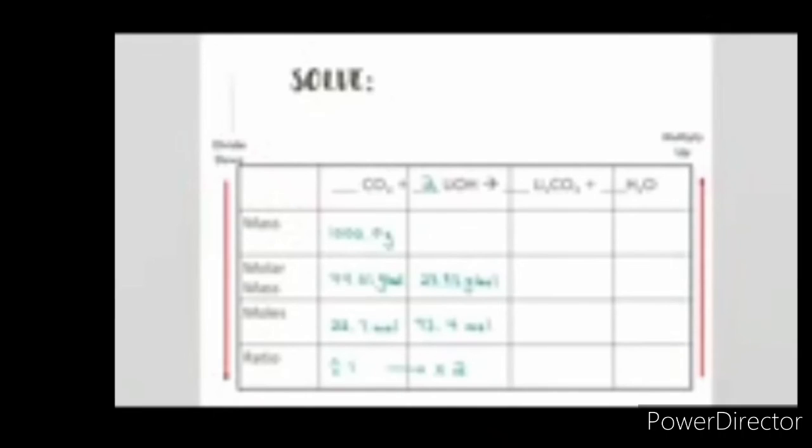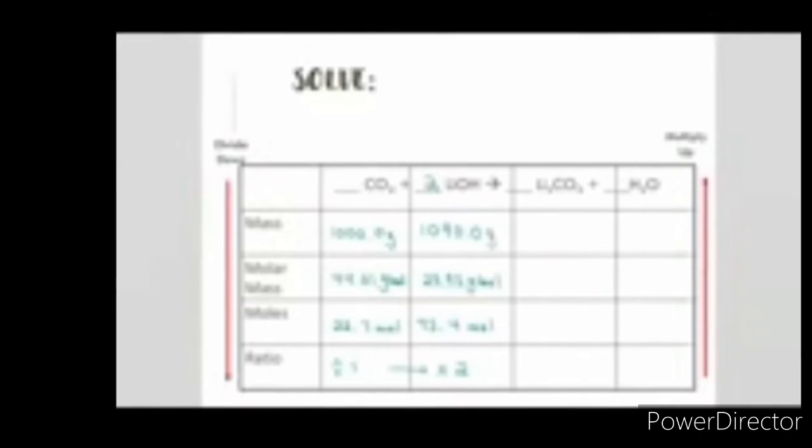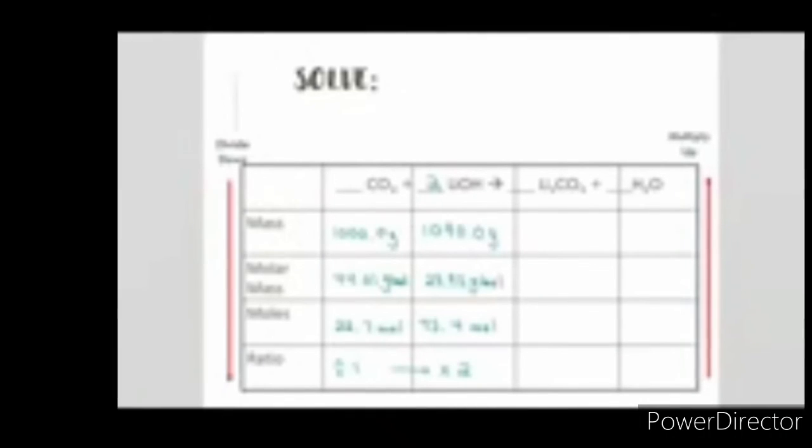We're going to multiply that by the molar mass, and we end up with a mass of 1,090.0 grams. So every person on board the spaceship will need at least a kilogram of lithium hydroxide, so 1,090.0 grams of lithium hydroxide per day.